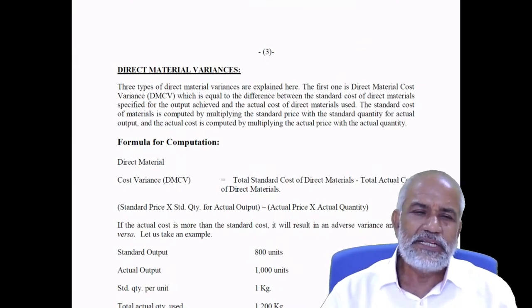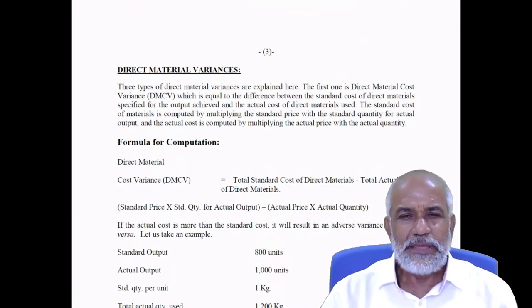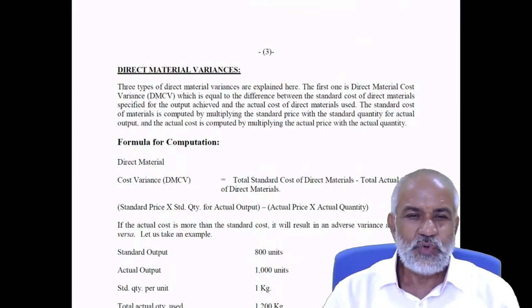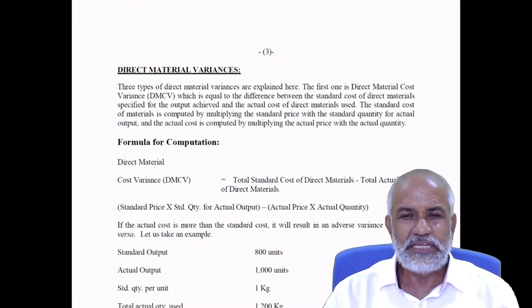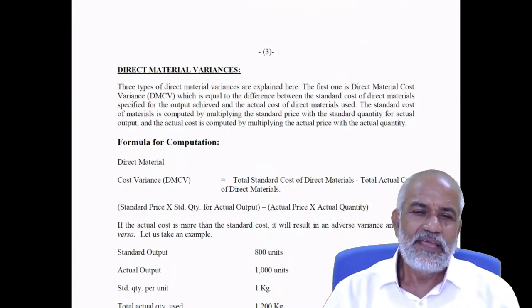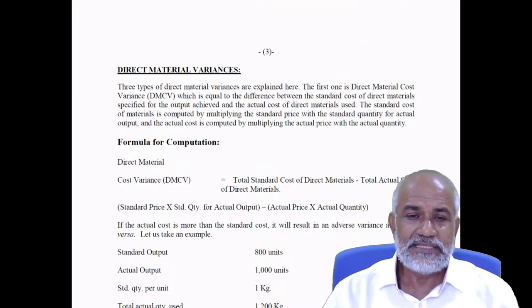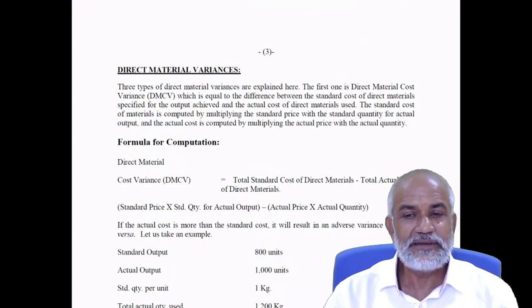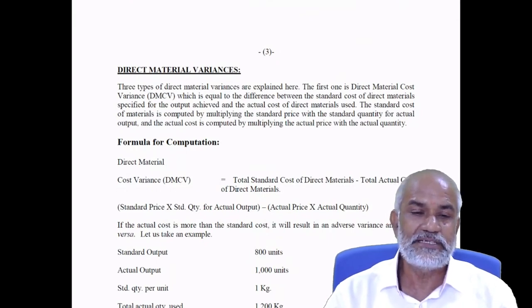The standard cost of materials is computed by multiplying the standard price with the standard quantity for actual output, and the actual cost is computed by multiplying the actual price with the actual quantity. Thus, the formula for computation of DMCV is equal to total standard cost of direct materials minus total actual cost of direct materials.